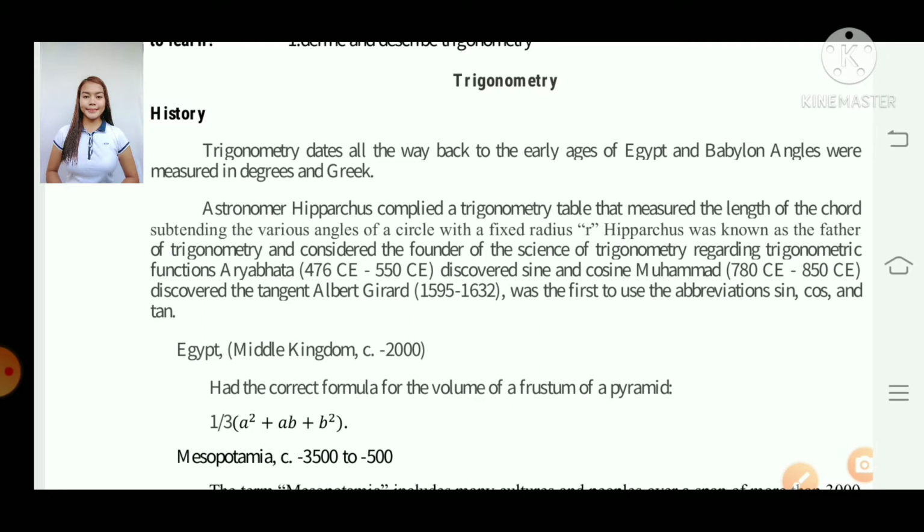And Albert Girard, from 1595 to 1632, was the first to use the abbreviations sin, cos, and tan.